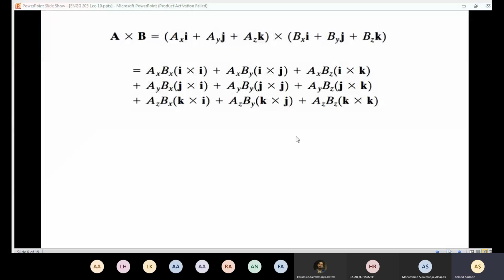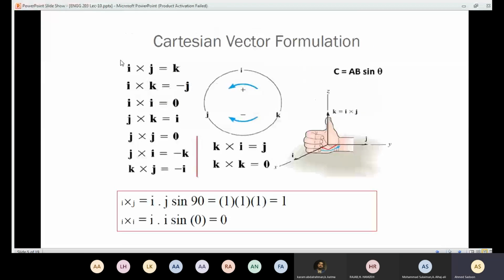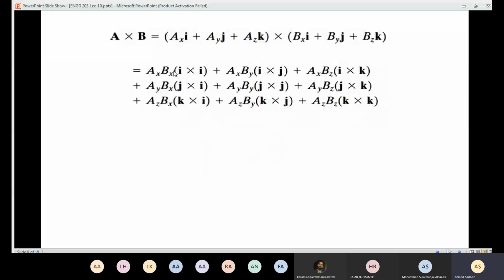I need to simplify those terms. Here, we talked about what will happen if you want the cross product of the unit vectors. For that term here, I cross I is going to equal 0. So that part will be gone. Then here I have I cross j.